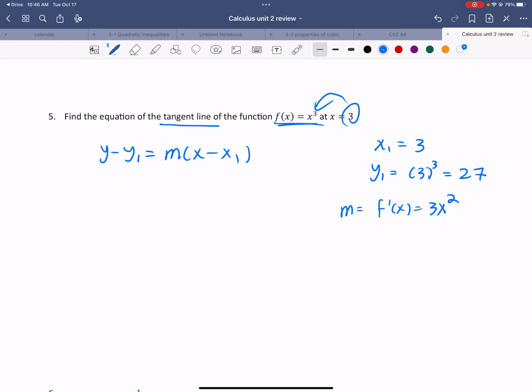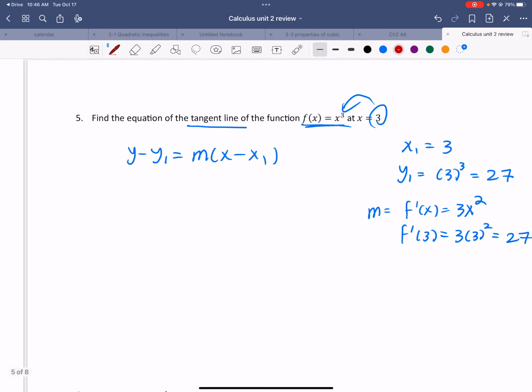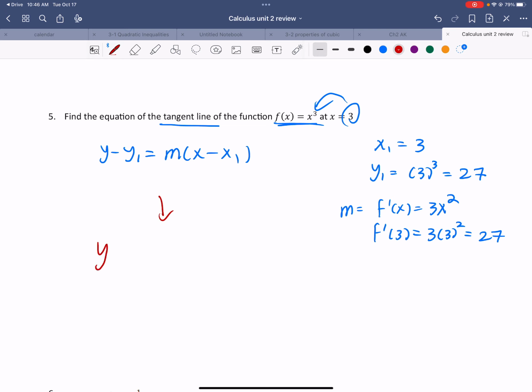Are we okay? But what we want is where x is equal to 3. So it's going to be 3 times 3 squared, and this is also going to be 27, the same as y1 in this particular case. So let's do this one. Y minus y1, which is 27, equals the slope, which is also 27 in this case, which is kind of a rare case, times x minus x1, which is 3.